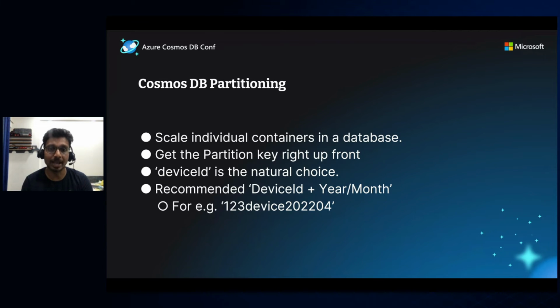Have your device ID along with year or month. In that way, you have enough space to accommodate multi-year device data. We need to ensure that when we query, the query is based on the partition key, which is part of the where clause, to get a low latency response, probably single digit millisecond.